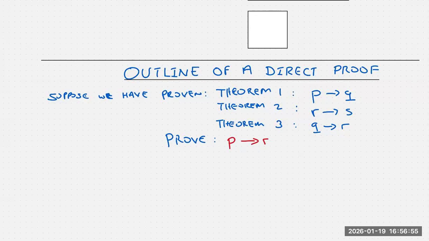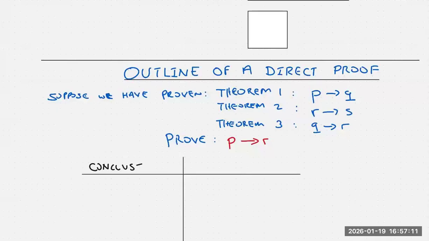So here's the outline. The first thing you're going to do is set up your columns. In your columns, you're going to have your conclusions. We're going to come to some conclusions, not like what I talk about with the hypothesis and conclusion. You're going to come to some conclusions and you're going to justify your conclusions.